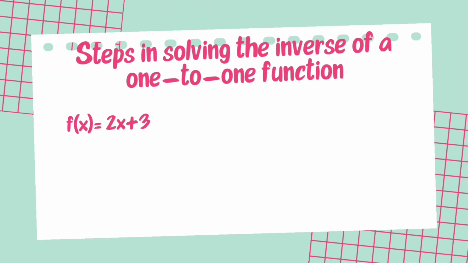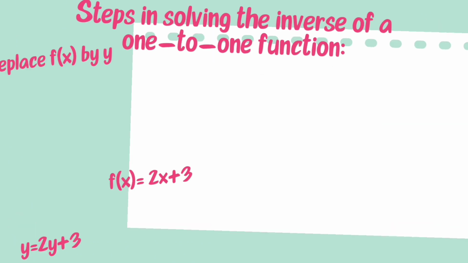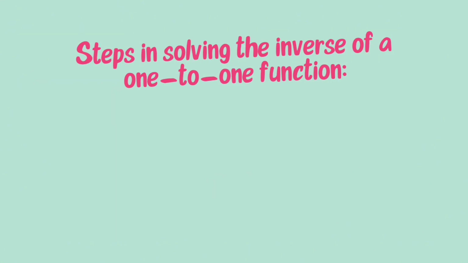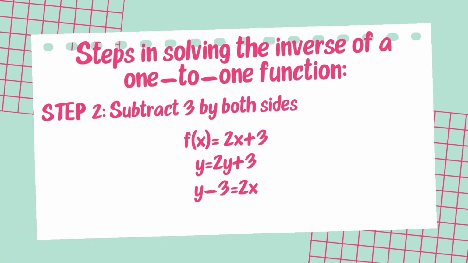Steps in solving the inverse of a one-to-one function. In this function, the first thing we need to do is to replace f of x by y. Now that we changed f of x to y, we need to subtract 3 on both sides.